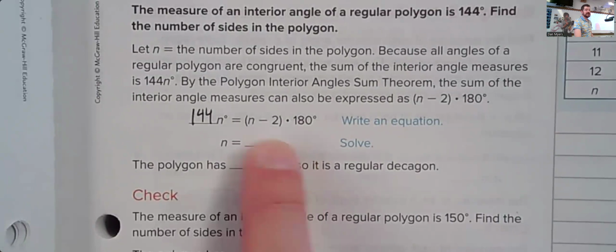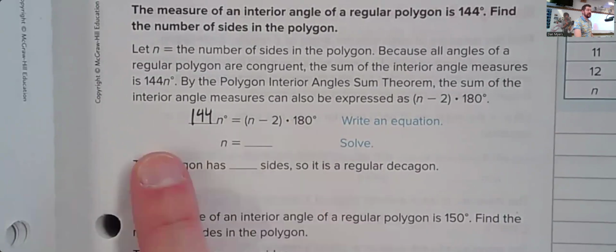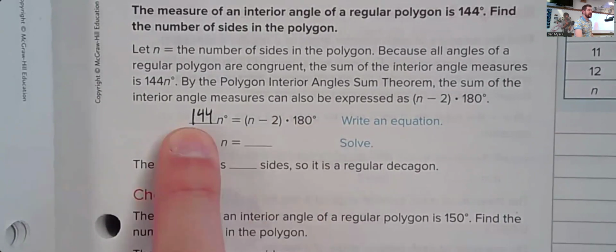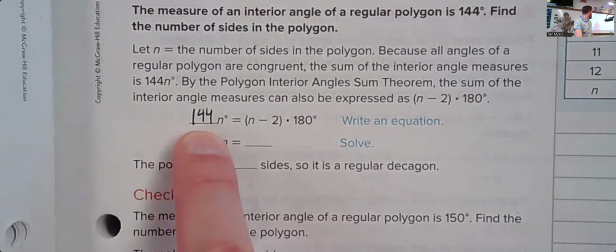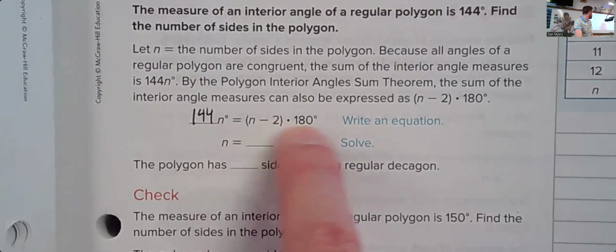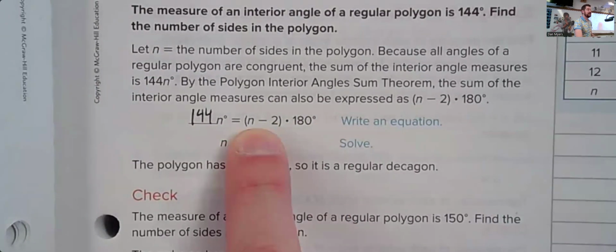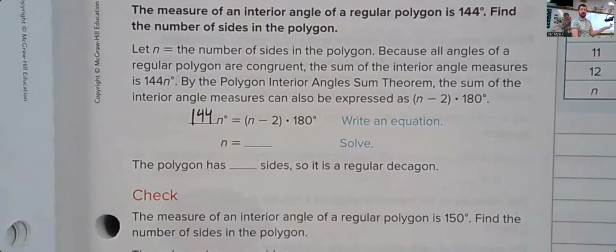Both of those things represent the total amount of degrees in the polygon. This one is each degree multiplied by how many sides there are, which we don't know. This one is the number of sides minus 2 times 180 equals the total amount of degrees in the polygon. Again, number of sides, we don't know what it is. But we are using only one variable, and if you have only one variable in an equation, you can solve for that variable. So let's do some work off to the side here.